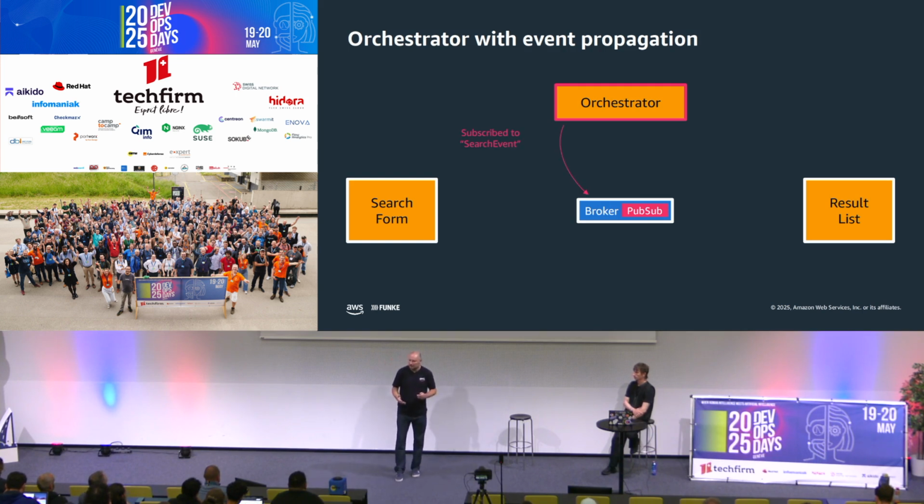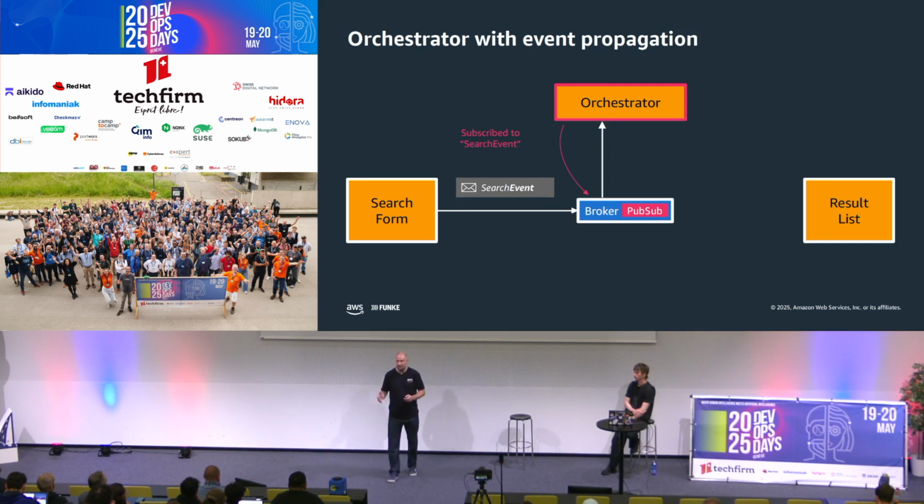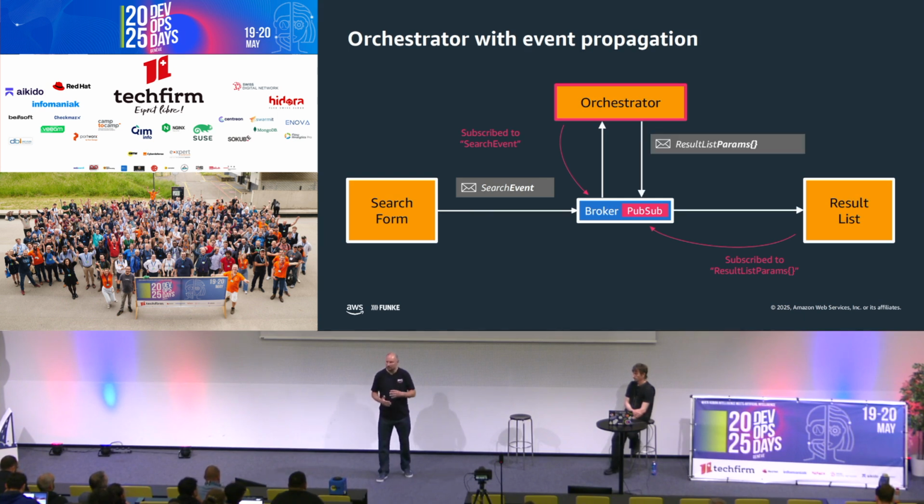So what effectively happens is the orchestrator knows that there's a search event coming and can subscribe to that instead of the result list, so it will get the search event. And once it catches that, it knows also that the result list is expecting an update event of some sort, which would contain the new configuration that it should adopt. And it can then forward that event in an imperative or declarative way.